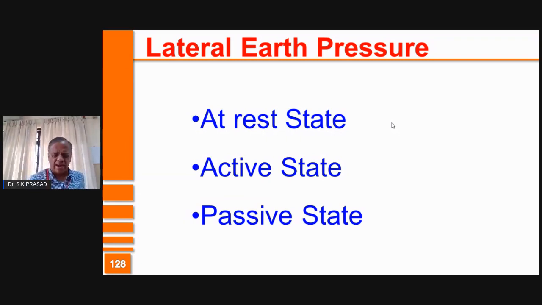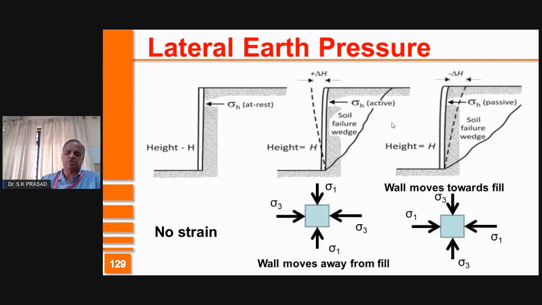So in total, there is the at rest condition, when the wall is not moved, and two extreme cases, when the wall is moved away from the fill or when the wall is moved towards the fill. Away from the fill is the active case and towards the fill is the passive case. The three conditions are explained here.